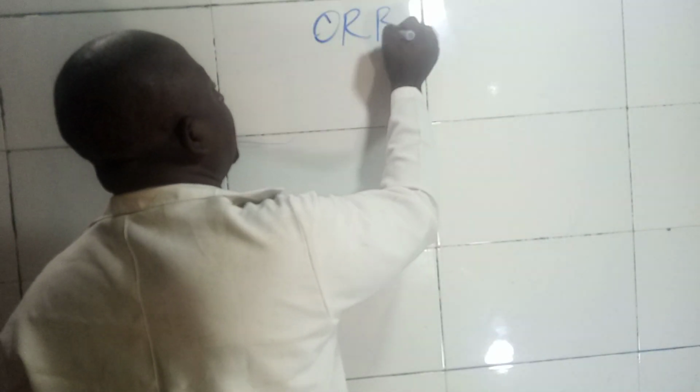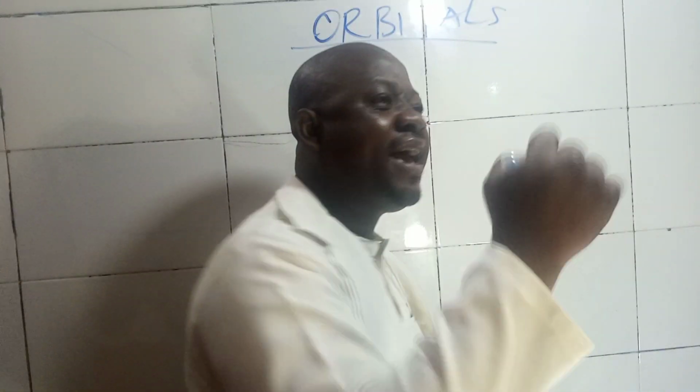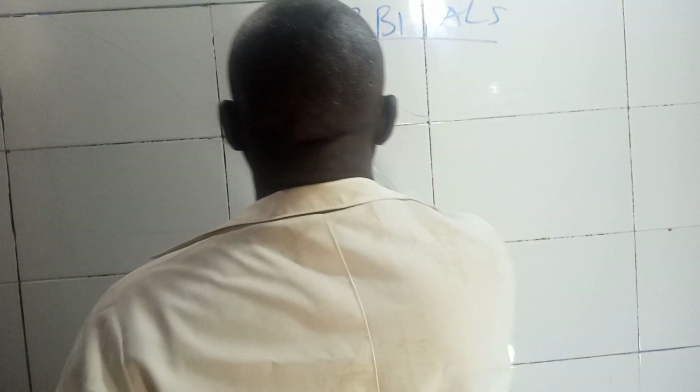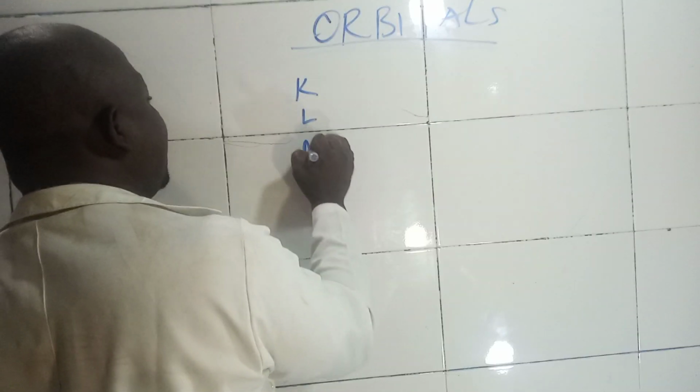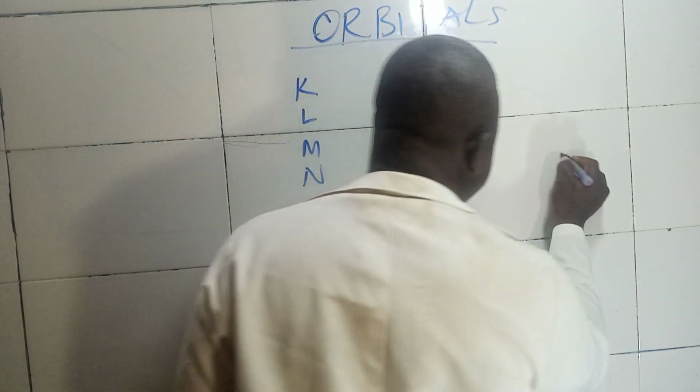So today we are going to be talking about orbitals. Remember when I was talking about electronic configuration, I spoke about the K, L, M, N, O and so on shells. Remember, I drew this.